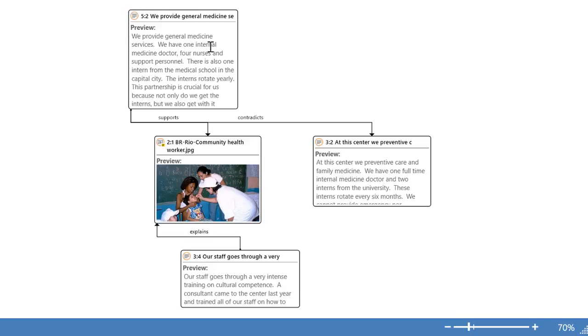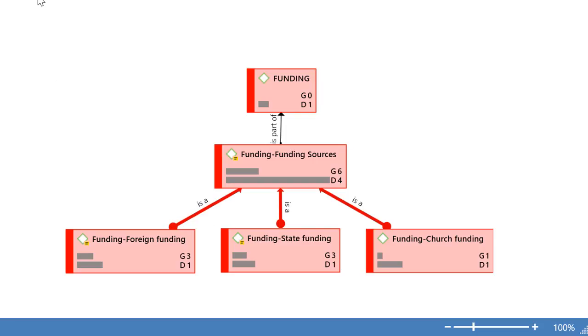You have that quotation 5.2 is supporting 2.1 and it is contradicting 3.2. And 2.1 is being explained by 3.4. And that is what I wanted to show you. These are the semantic linkages between quotations and semantic linkages between codes.